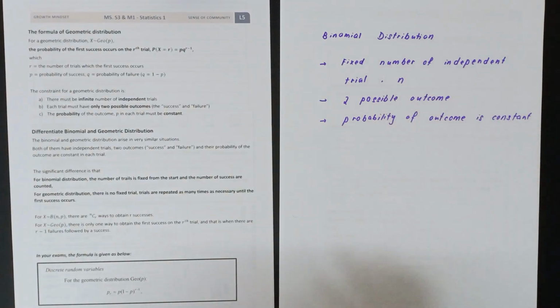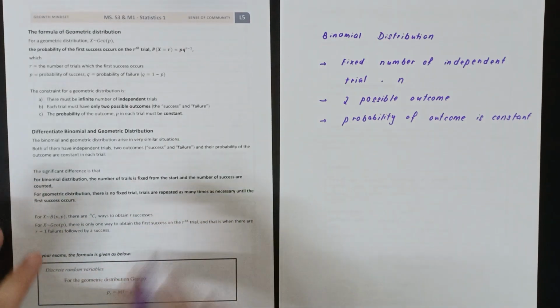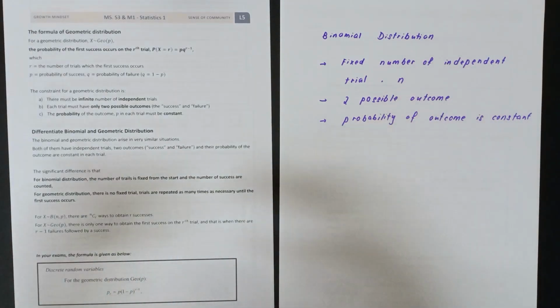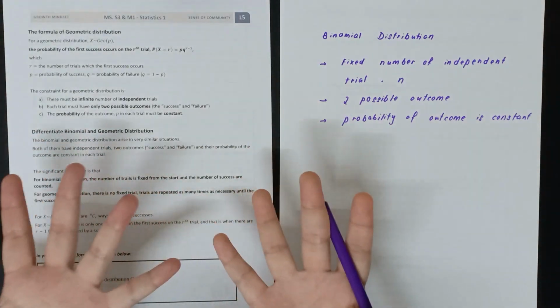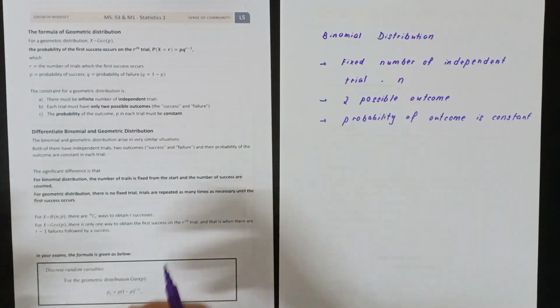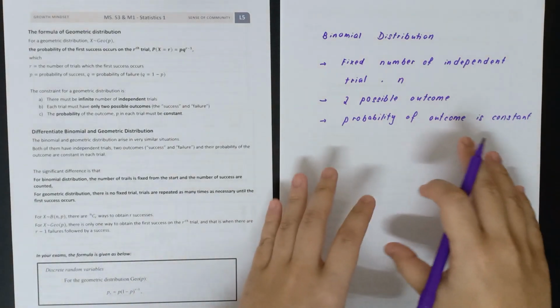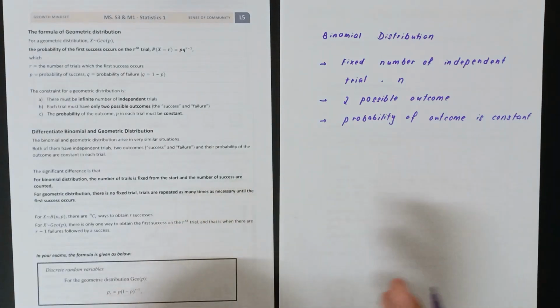So meaning for binomial distribution, for example, for the rolling dice example just now, the thing that we want to find out will be like, maybe I roll it for 10 times. How many times will I get a success, which is a 6? That is the idea for binomial distribution. I repeat again.